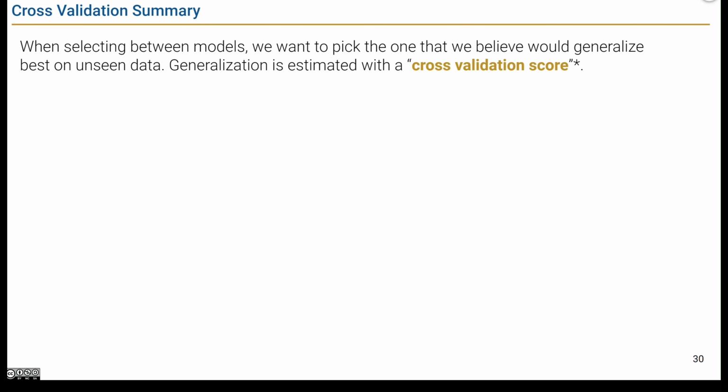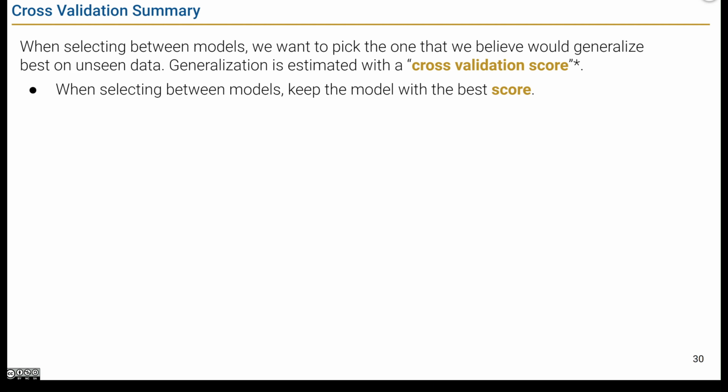So to summarize, we've looked at how we can use cross-validation to help us check and make sure we're not overfitting. When selecting between models, we choose the one with our best cross-validation score. We looked at two techniques for how to compute that.